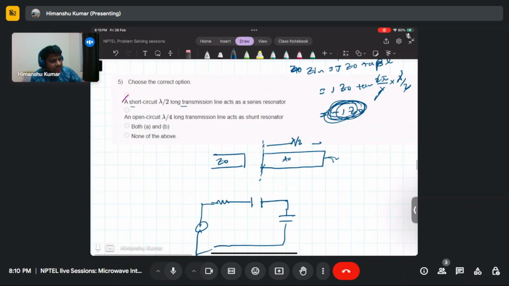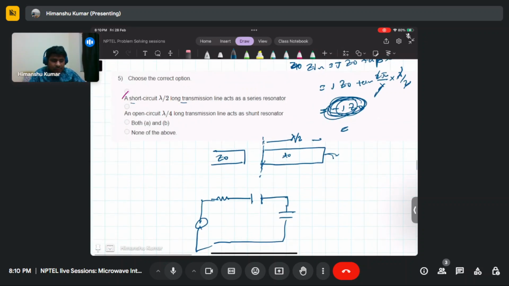And also you can calculate for the open circuited line. For the open circuited line, the input impedance is basically 1 by j times Z naught tan beta L. Then tan beta L becomes tan of 2 pi by lambda times lambda by 4, and the lambda you can cancel.